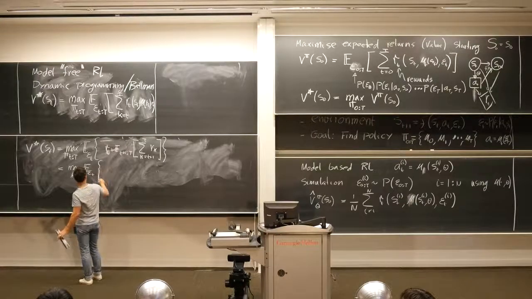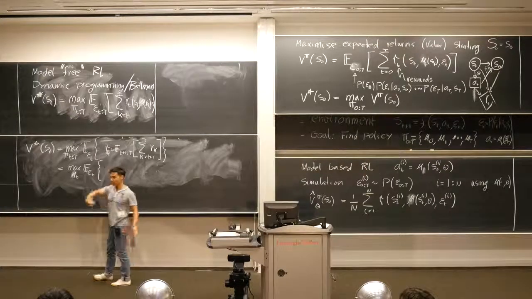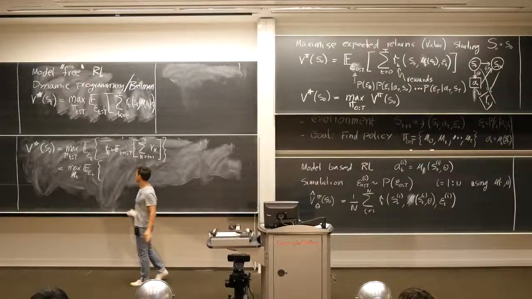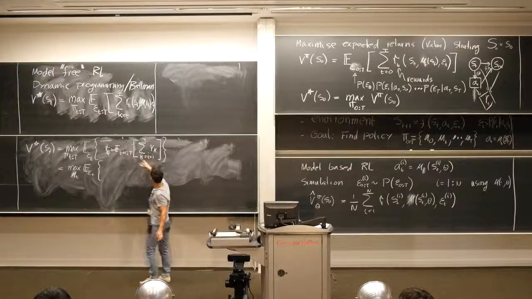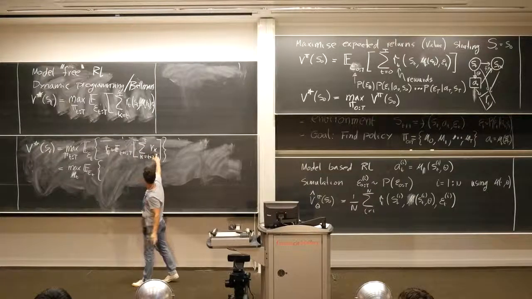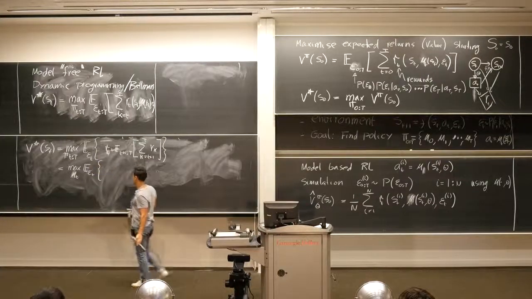The reason I will be able to distribute the max is because this doesn't depend on pi t plus 1, anything that happens after time t in terms of the policy, so it's just a constant function. And the reward at time k, as you can see in that expression, will only depend on the first epsilon, which is epsilon t plus 1, so it doesn't depend on epsilon t.